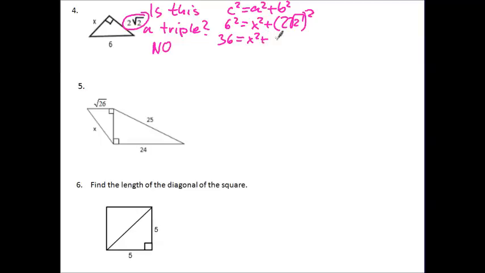We can think of it as 2 times the square root of 2 times 2 times the square root of 2. And we get 36 is equal to x squared plus 2 times 2 is 4. Square root of 2 times square root of 2 is 2, so 4 times 2. In other words, 8.